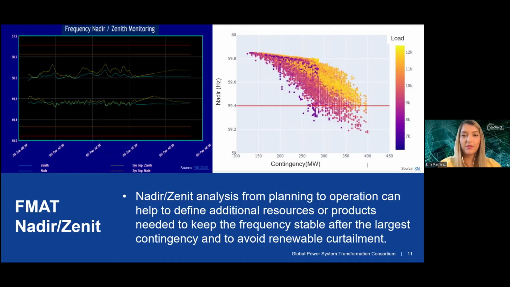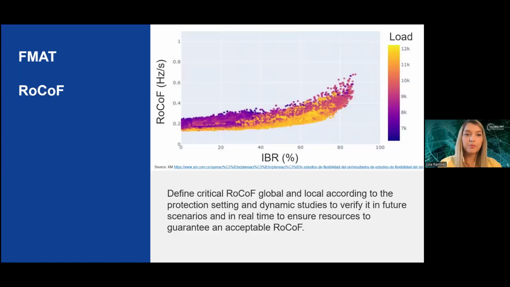We can see here that below 59.4, which is the trigger of the under frequency load shedding, they start to have some periods in that future scenario where they are tripping load. So they need to consider new resources or new devices to avoid having those events in the system. Or, if they are not defining new services or new devices, it could mean that they need to curtail renewables for those periods in order to maintain the nadir at a secure level.